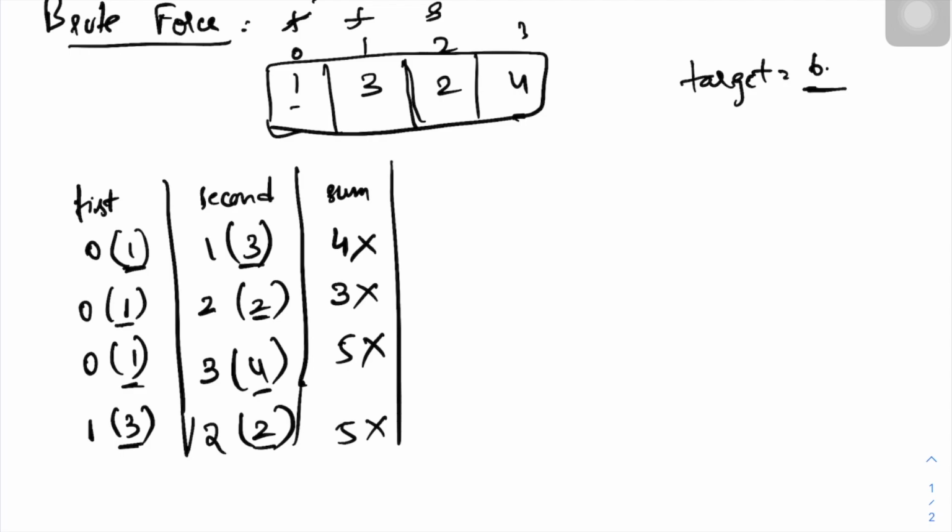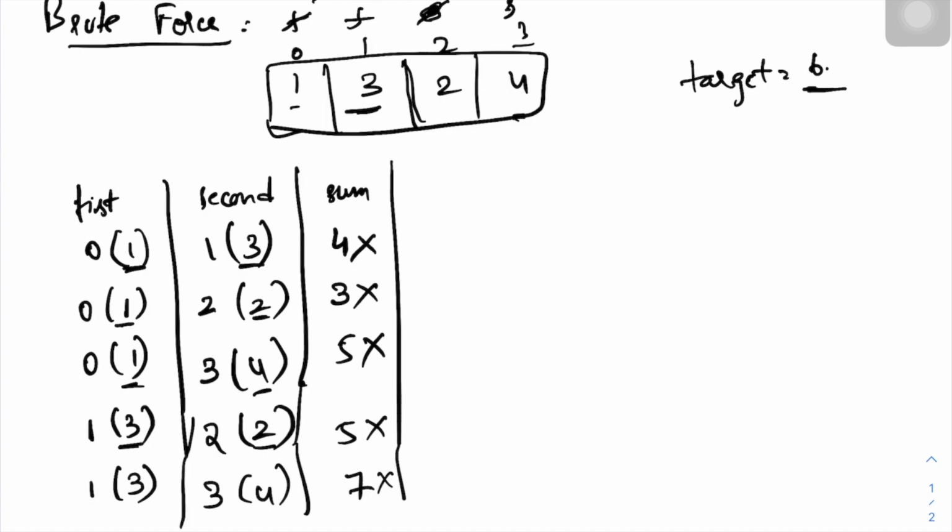So we carry on. We increment the second pointer. Now our first pointer is still at location 1, which has a value of 3, and our second pointer is at location 3, which has a value of 4. 4 plus 3 is 7, which is still not making up to our target.